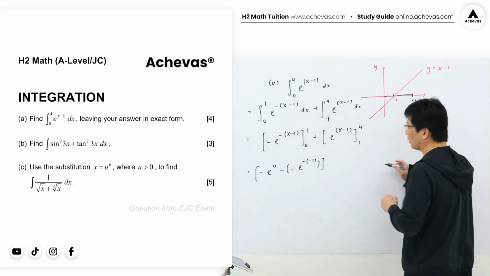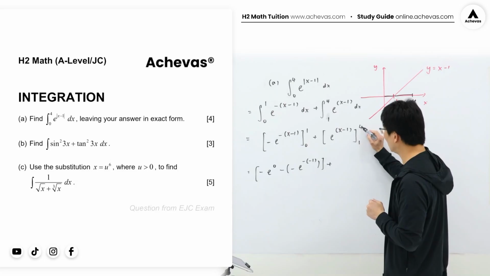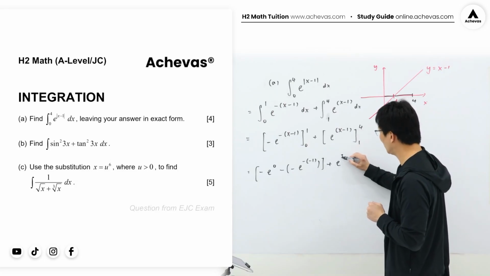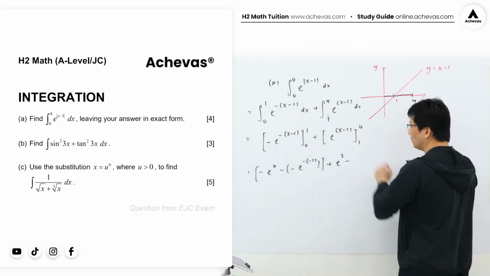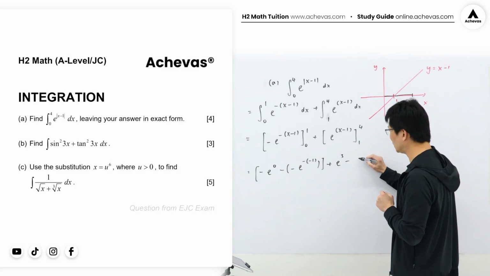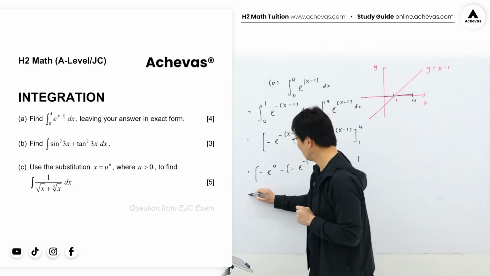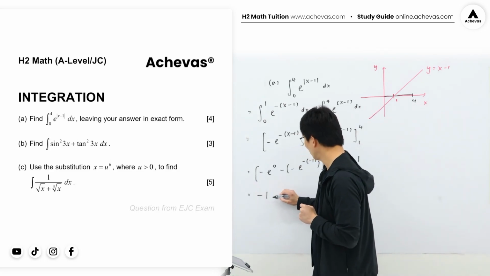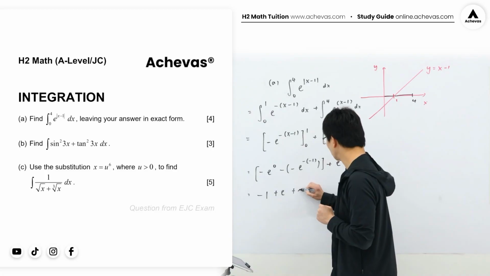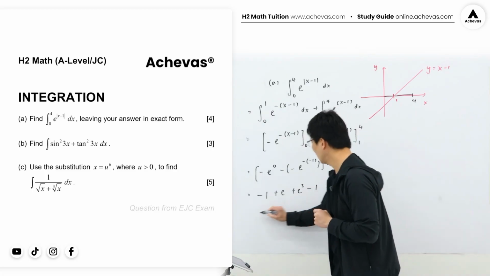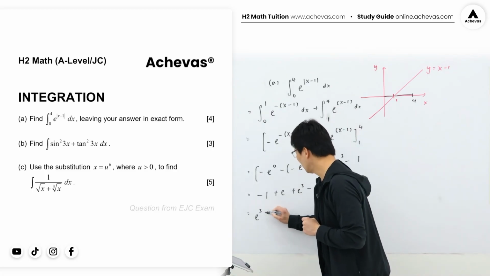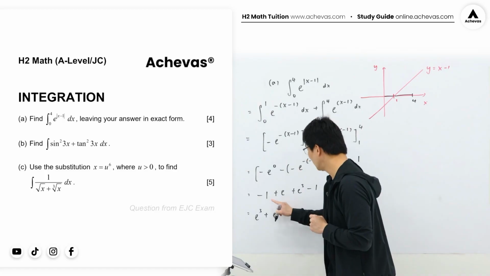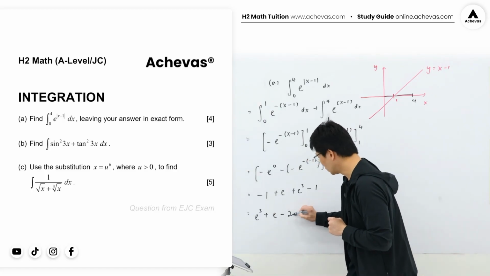Now the second one, I'll put in the upper limit 4, which is e to the power of 3, minus the lower limit, e to the power of 0, which is just equal to 1. And we simplify: minus 1 plus e to the power of 3 minus 1. Final answer, e to the power of 3 plus e, these two can combine, minus 2.